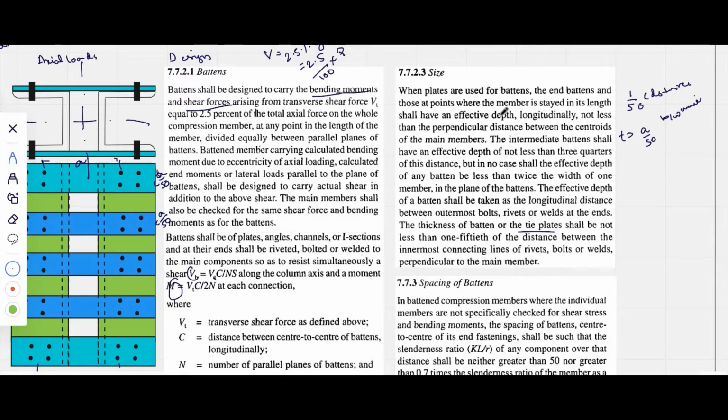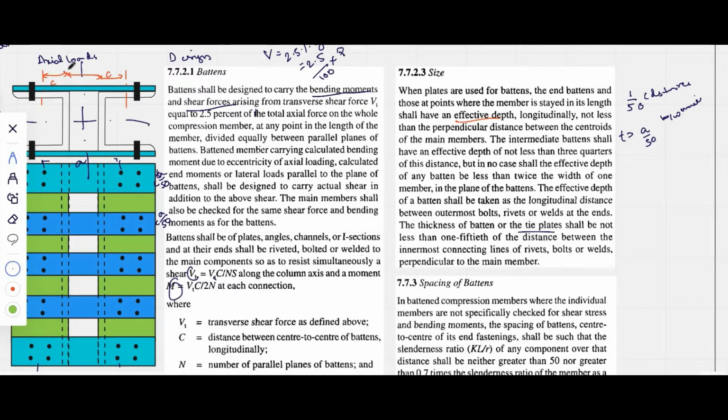Let us see about effective depth. How can we select an effective depth? For the end battens, at those points where the member is laced along its length, the batten shall have an effective depth longitudinally not less than the perpendicular distance between the centroids of the main members. If I calculate the centroids of the main members, let us assume this is the centroid, and there is some spacing in between.